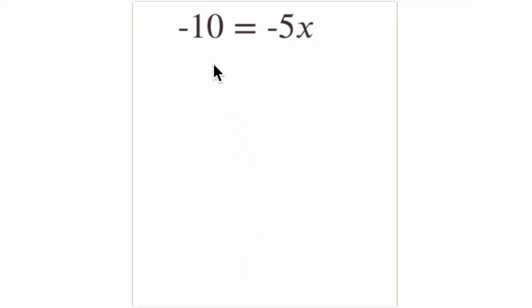So in this problem, this is negative 10 is equal to negative 5x. And so we're going to multiply this negative 5 by its multiplicative inverse to get this to equal 1x. And then 1x is the same as x. So x equals whatever ends up being on the left side.